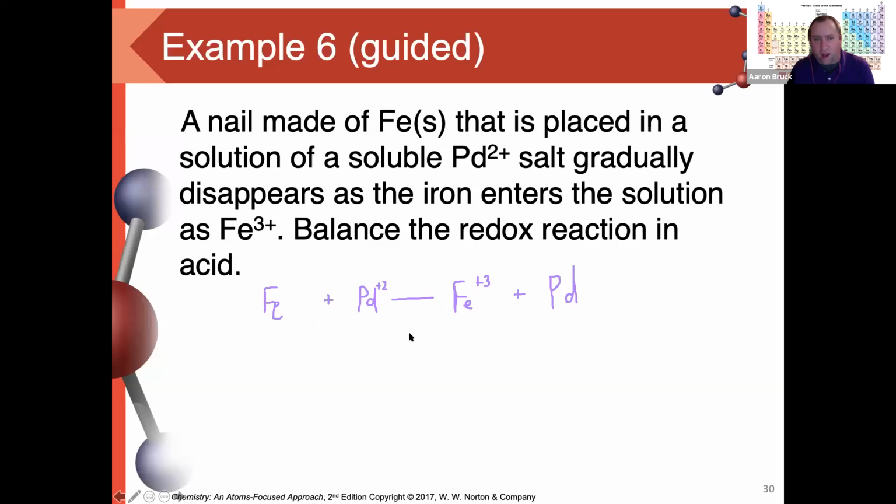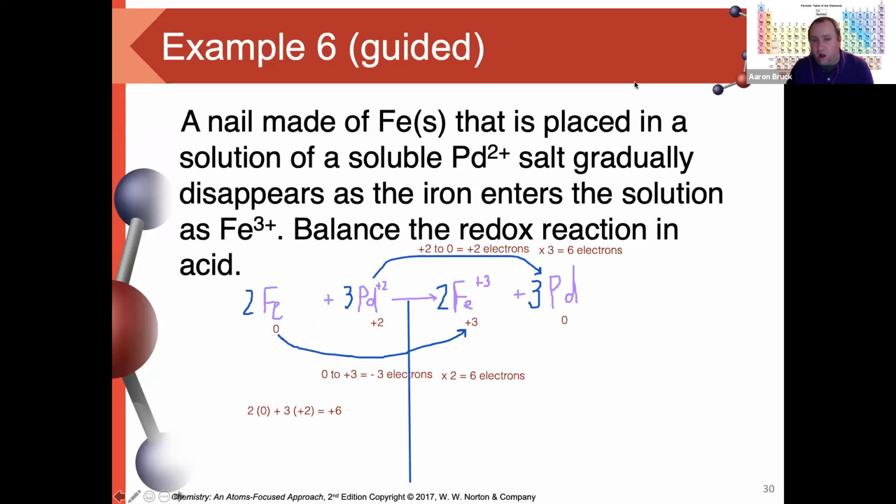I've got 1 iron on each side. I've got 1 palladium on each side. The problem with that line of thinking, obviously, is that we haven't accounted for the charge. And that's important because in a net ionic equation, charge hasn't been considered up until this point.